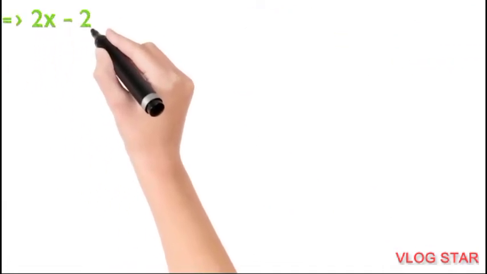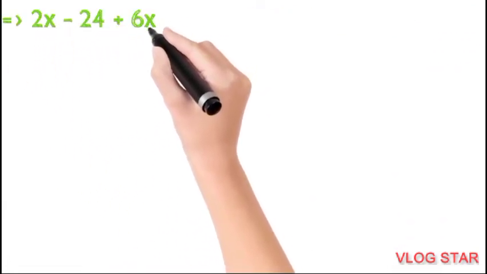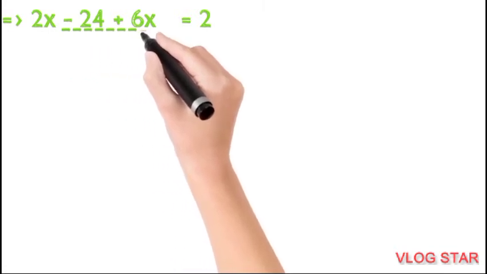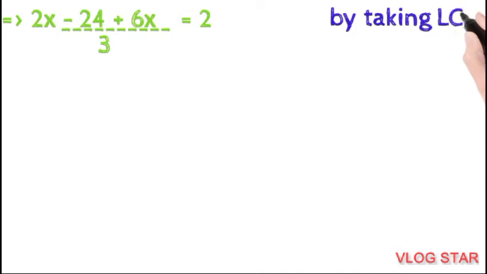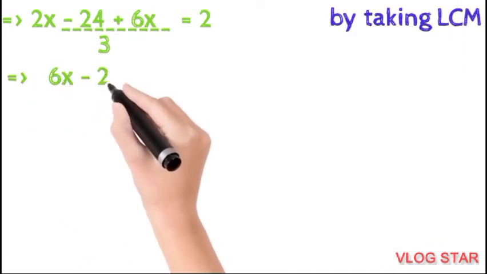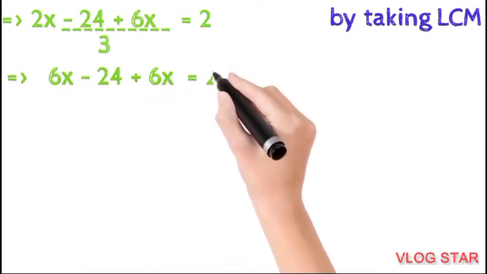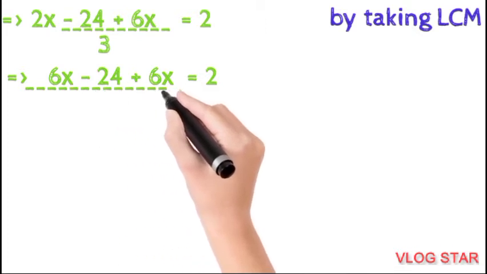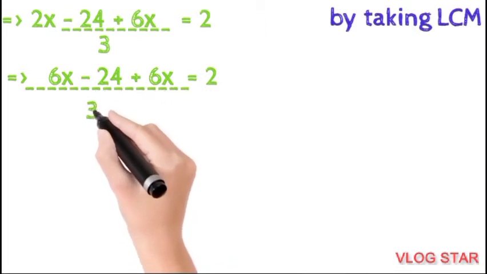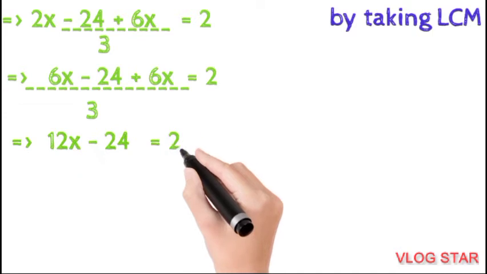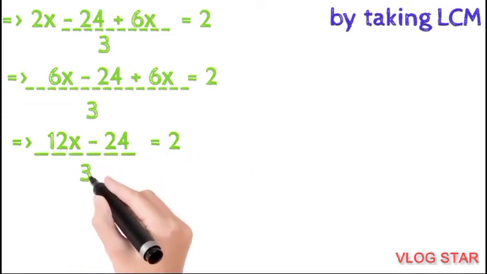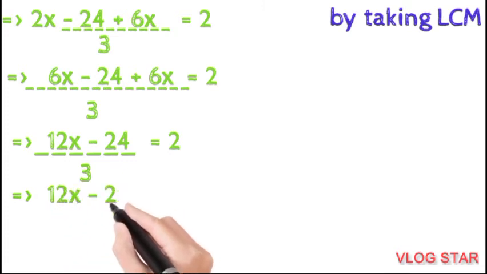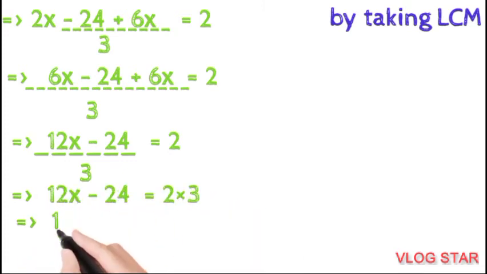That implies 2x minus 24 plus 6x equal to 2. Minus 24 plus 6x by 3 equal to 2. By taking LCM, it gets (6x minus 24 plus 6x) by 3 equal to 2. That implies 12x minus 24 equal to 2 into 3.